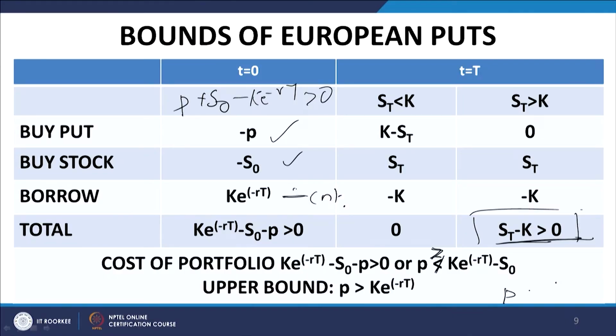So, the put option P has to be less than K. That is one part. But when will that K be realized? That K will be realized on maturity, not today. We are talking about European puts, and European puts can be exercised only on a particular date, and on that date you get the exercise price. That is what European puts give you the right of.